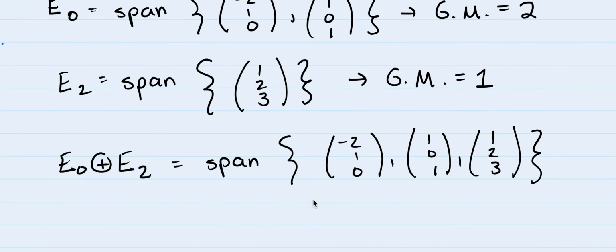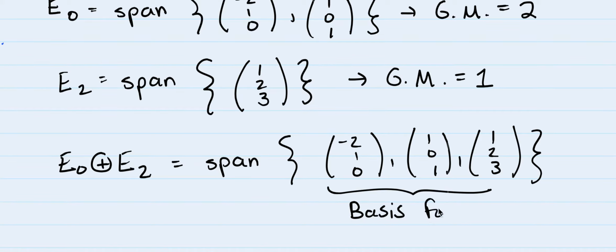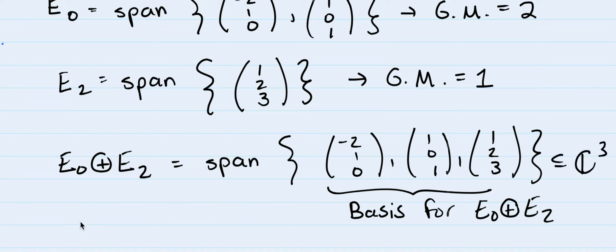We have 3 basis vectors, so we can think of this as a basis for E0 plus E2, but all of these vectors are linearly independent and belong to C3, which tells us that E0 plus E2 is equal to C3.